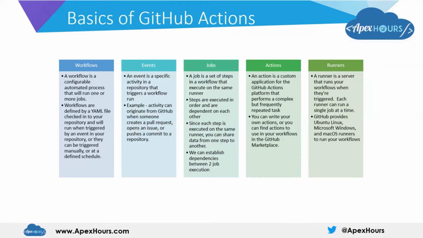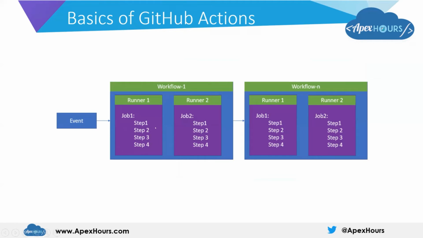You need to install Salesforce CLI there. That is the next step. You might need to install PMD related components on that server. That is another step. So a single job consists of multiple steps. And each job will get executed in a separate runner. So if a workflow has two different jobs, they will get executed sequentially utilizing different runners.